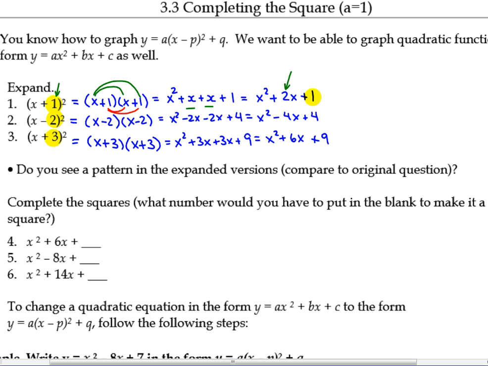So what are we doing? Well, what we want to do today, very, very important, is change standard form into vertex form. So we're going to go from ax squared plus bx plus c into our vertex form, which tells us our vertex, right? The only thing useful about standard form is what?